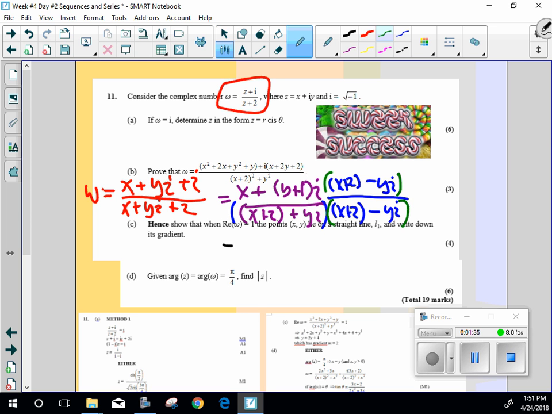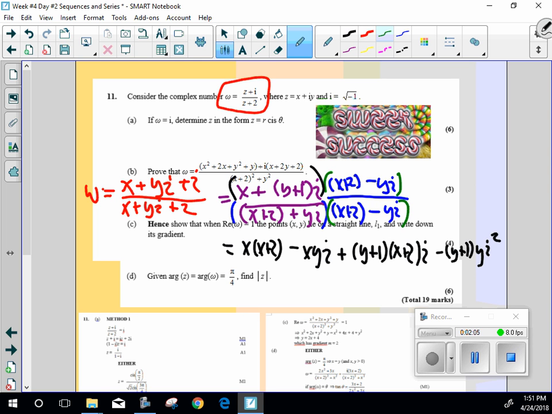And then this is going to be equal to, if you multiply this out, x times (x plus 2) minus xyi plus (y plus 1) times (x plus 2) times i. And lastly, it's going to be negative (y plus 1) times y i squared.